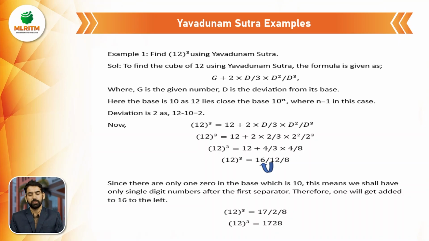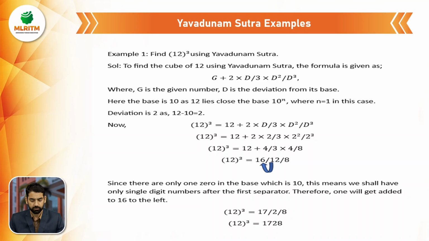So here is the first example. If we have to find the cube of 12, which is close to the base 10, how can we use Yavadunam Sutra to find the cube of this number? 12 is the given number, and as per the formula, the cube is given as g plus 2d slash 3d square slash d cube, where g is the given number, which is 12 in this case.